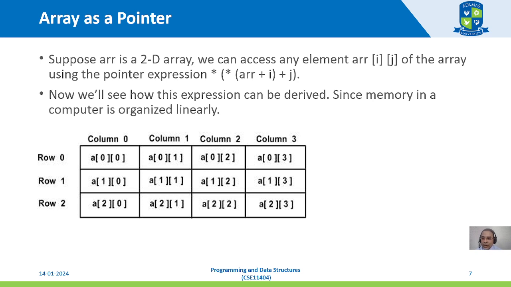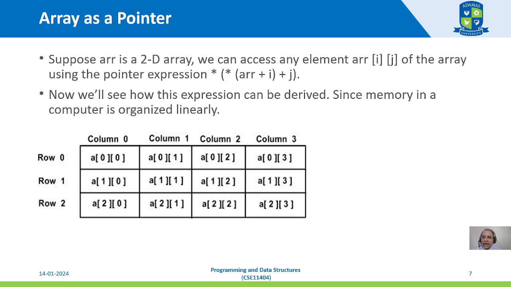Now in case of a 2D array, you can see that 0th row, 0th column is represented as A00, and then 0th row first column is A01, 0th row second column is A02 and A03. All these are mentioned, and row 1 0 is also there for the second row.